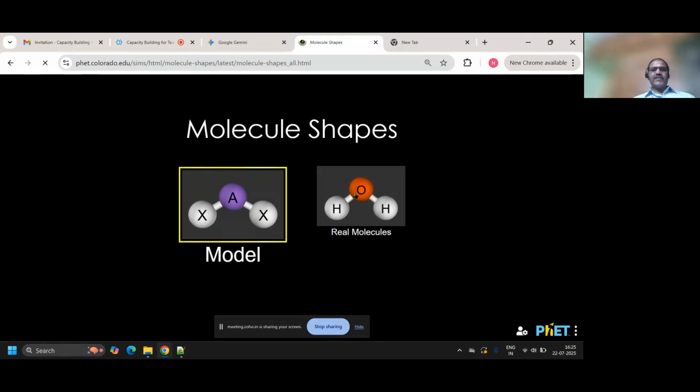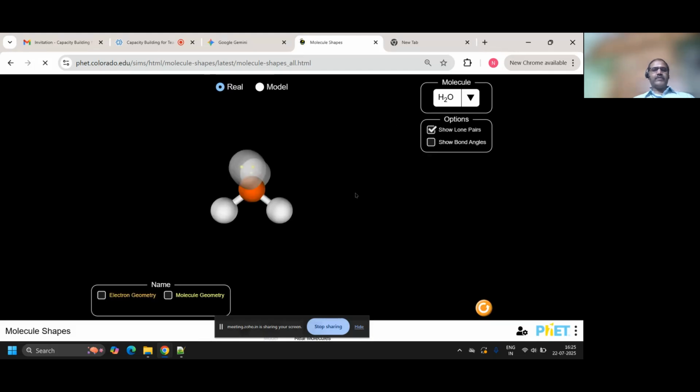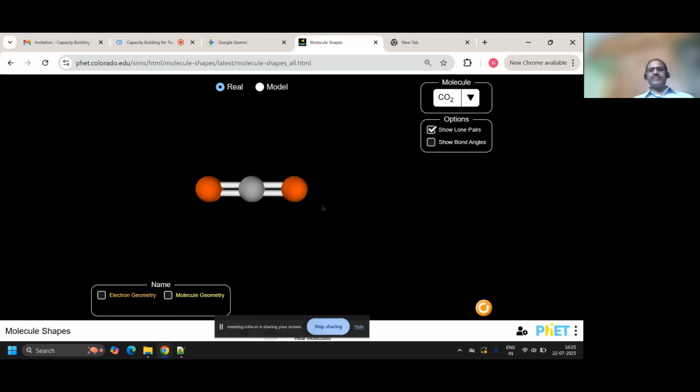Let us say real molecules. Now let us say carbon dioxide. So this is carbon, 2 oxygen is attached by this bond, right?